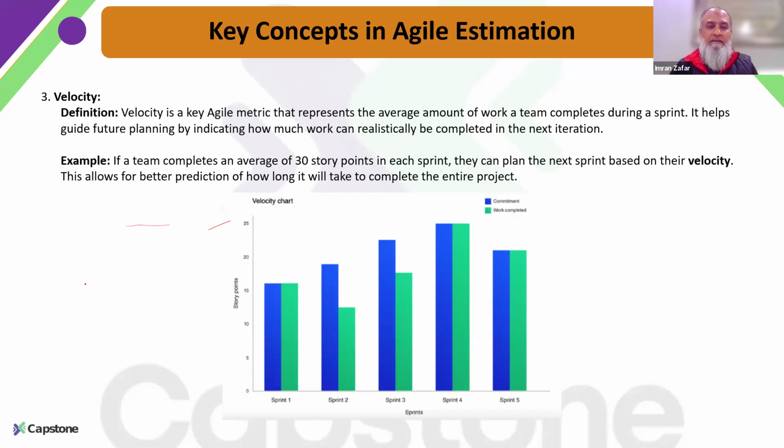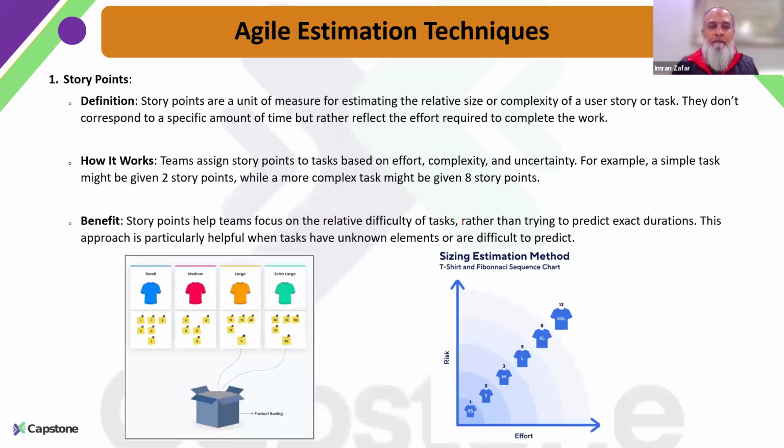We try to maintain a sustainable pace for the user story points we complete, so that everyone knows this many user story points will be completed each and every sprint.